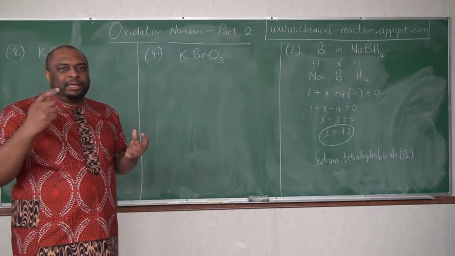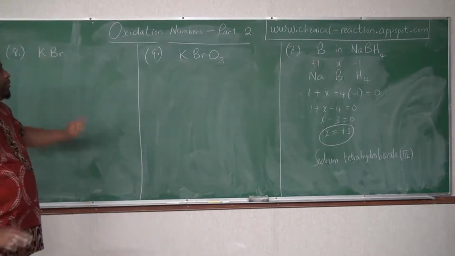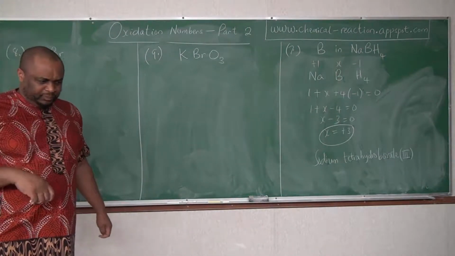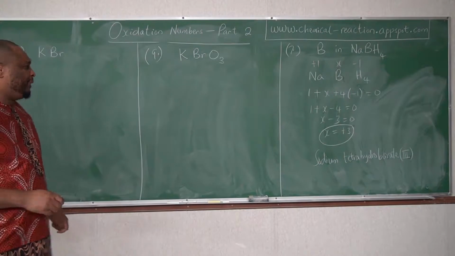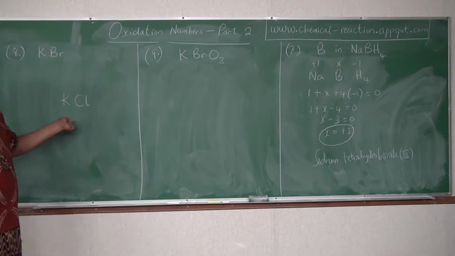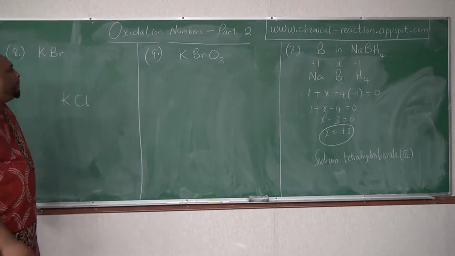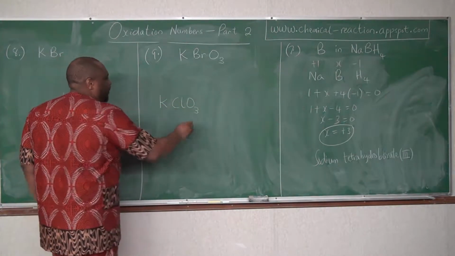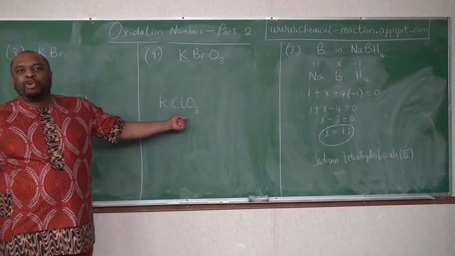Do you see how KBr, potassium and bromine, is potassium bromide? If we have KCl, this is potassium chloride. But when we have KClO3, this is potassium chlorate.